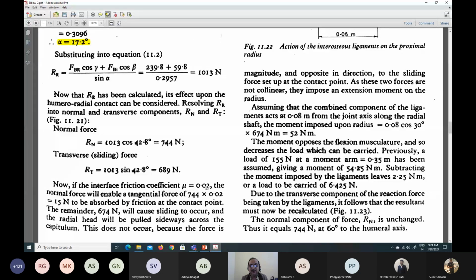So you can see if we take mu equal to 0.02, then the frictional force would be mu into the normal component. So 744 multiplied by the frictional coefficient would give you a 15 Newton force, which can be designated as a frictional force at the contact point.